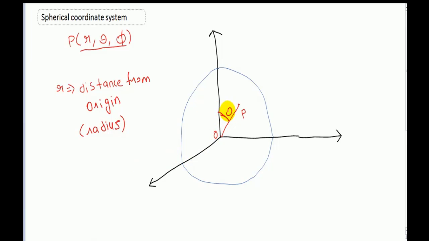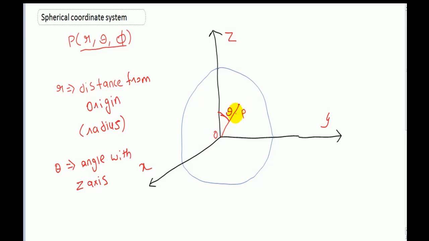The angle with the z axis. Here it is x. Here it is y. Here it is z axis. Angle with the z axis is theta. So this is the angle with the z axis, and phi is similar to the Cartesian coordinates.